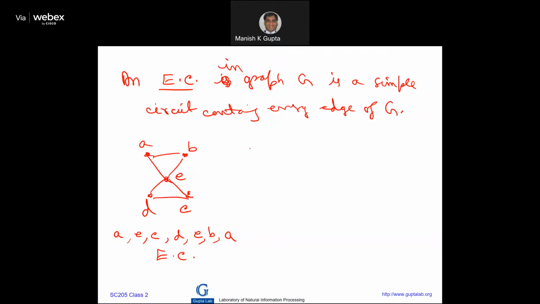What about this graph? A, B, C, D. The question is, find the Euler circuit here. Can you find an Euler circuit in this graph?